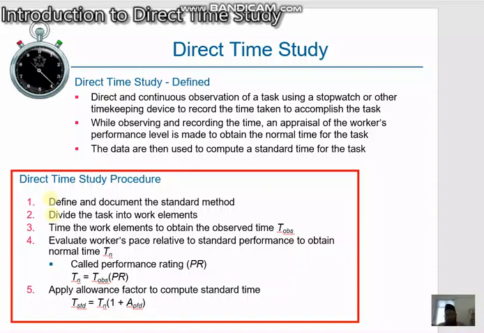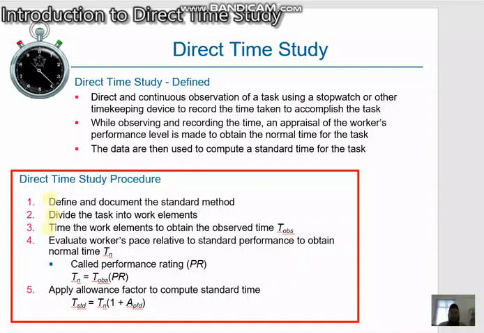Steps 1 and 2 are preliminary steps before actual timing begins, during which the analyst becomes familiar with the task and attempts to improve the work procedure before defining the standard method. So, the first and second procedures are important to make sure all the work elements are defined clearly and documented as a standard method.